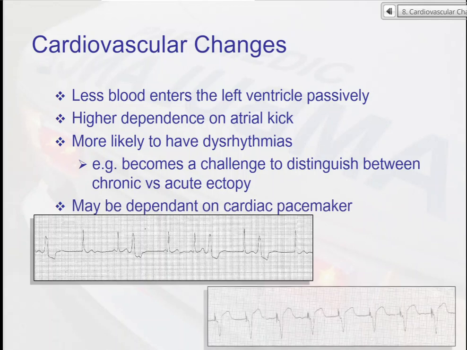They may also be dependent on a cardiac pacemaker. And the pacemakers are pretty sophisticated these days. They may respond by increasing the firing rate based on respirations, based on movement.